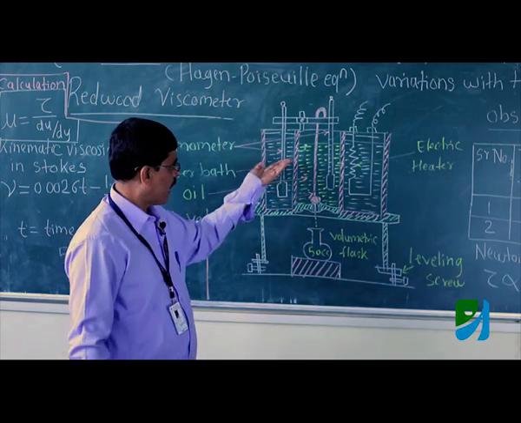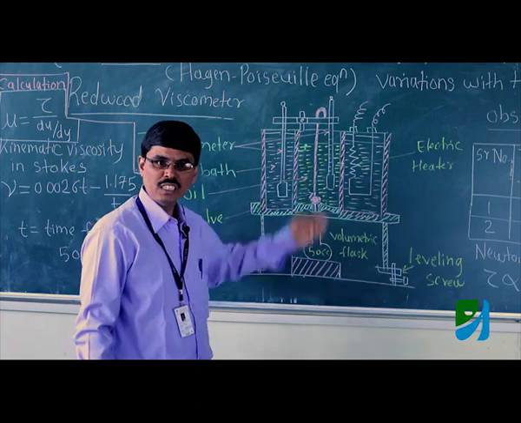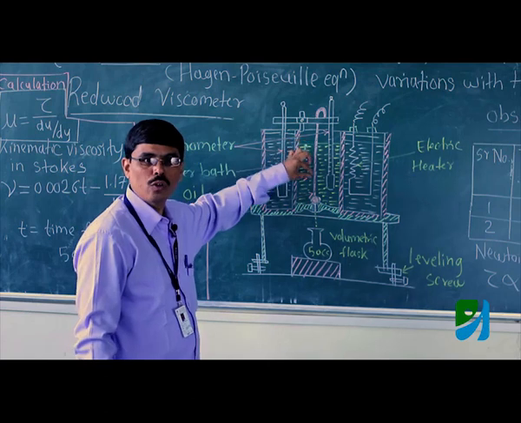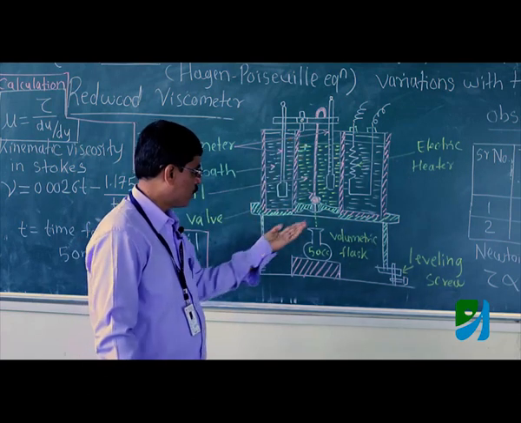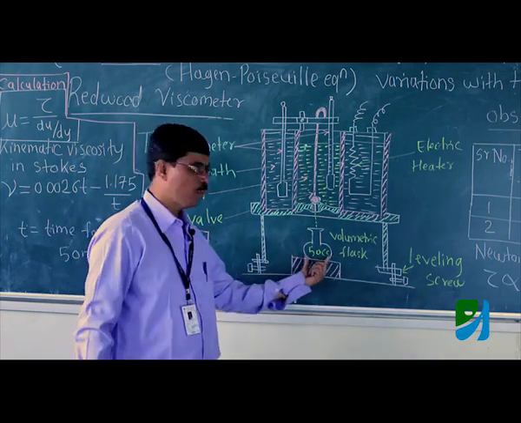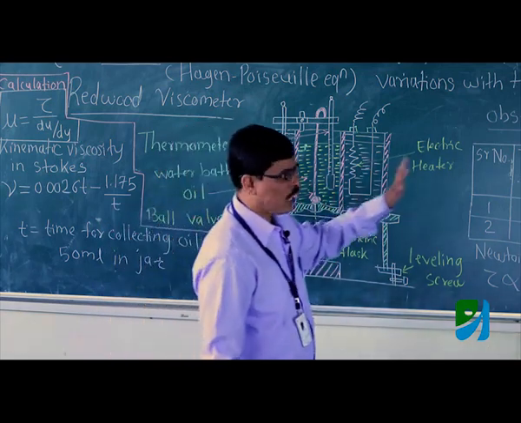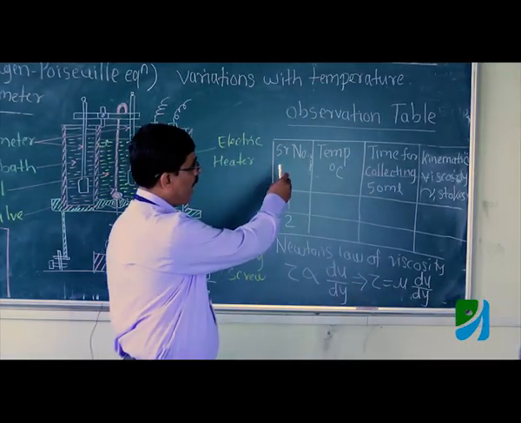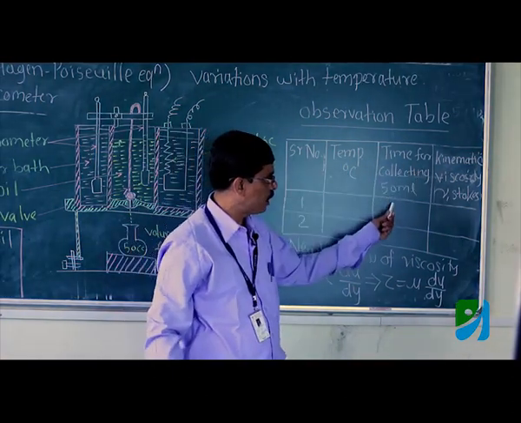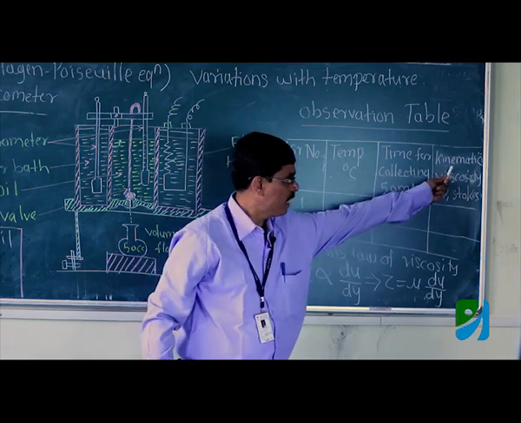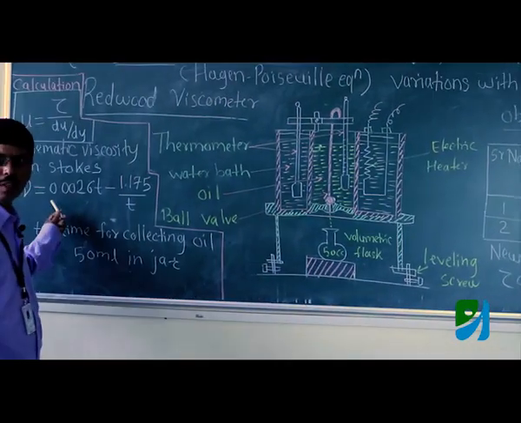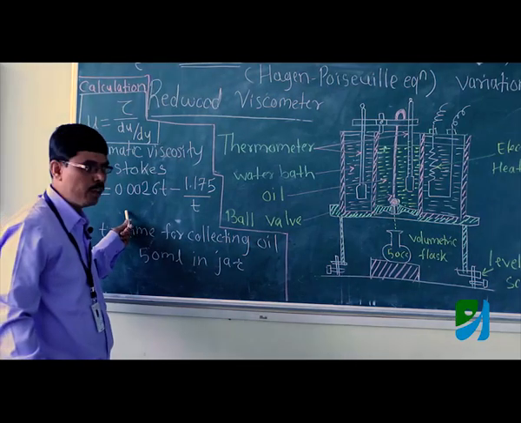Once the water has reached a steady state temperature of 80 degrees Celsius, the next step is to remove this ball valve gently, so that the oil will start flowing through this orifice, and the time taken for measurement of this 50 cc of oil is recorded. As far as the observation table is concerned, you will find the serial number, second column temperature in degrees Celsius, third column time taken for collecting the 50 ml of oil, and finally the kinematic viscosity nu in Stokes, determined by the Redwood viscometer equation.